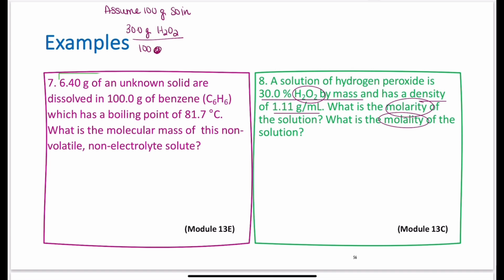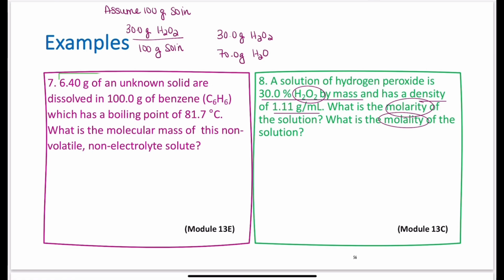Sorry, by mass means grams. 100 grams of solution. That also means I have 30 grams of solute and 70 grams of solvent.